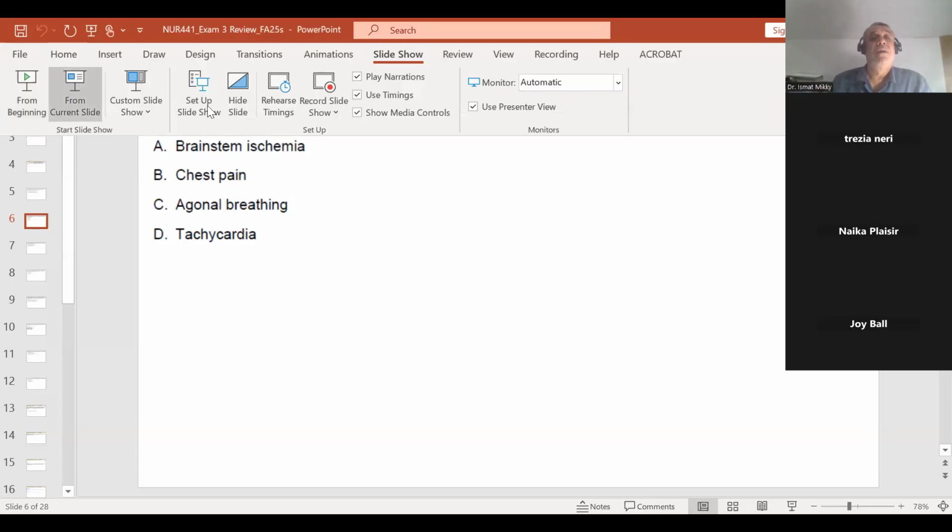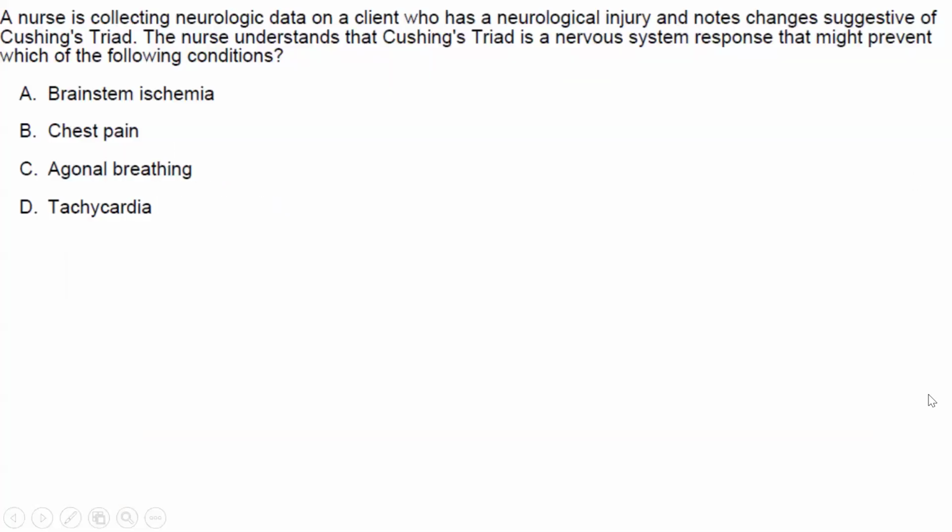Yes, now we can see it. You also have access to these slides on Canvas, right? Yes, they're on Canvas. You can just go on Canvas under Modules, Exam Reviews, and it will be the last tab under Exam Reviews.